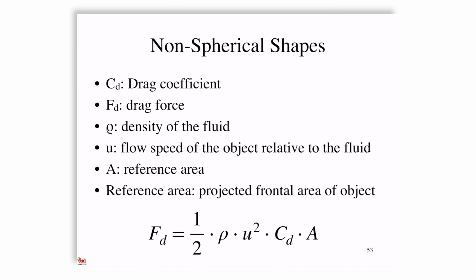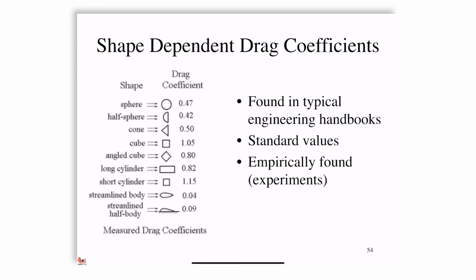And you should always check that the right-hand side gives you force units and dimensions. These values change depending on the cross-sectional area. Where do you find these numbers? Typically in engineering handbooks. Standard values, they are empirically found, namely by doing experiments.